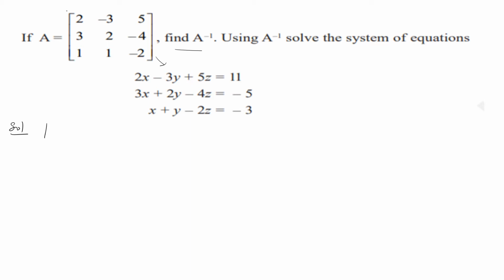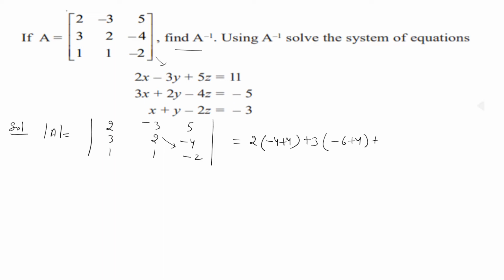So let us start. So we know to find A inverse we need 1 upon determinant A into adjoint A. So firstly we will compute the determinant. So determinant here is 2, 3, 1 minus 3, 2, 1, and it is 5 minus 4 minus 2. So which is your 2, and this is minus 4 plus 4. This is minus of minus 3, that is plus 3, and it is your minus 6 plus 4, and this is 5, and this is 3 minus 2, right?